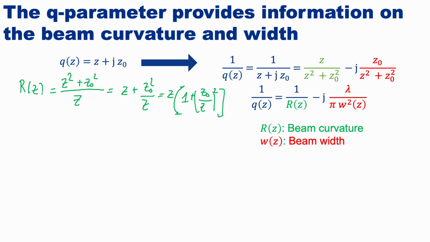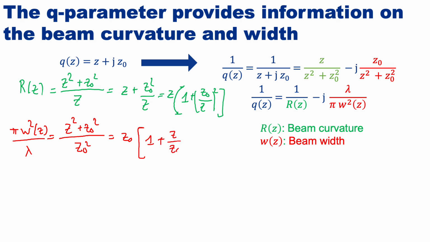So that's going to be my equation for the beam curvature. And now for the beam width, we know that pi times the square of the beam width over the wavelength is going to be C squared plus C sub 0 squared over C sub 0. And now I can work a little more on the right side of the equation to put it similar to what it was for the beam curvature.